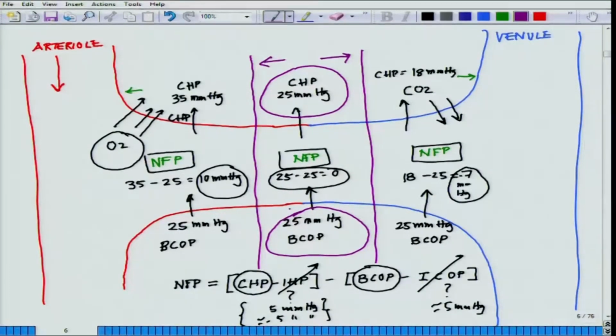Whereas, if you move to this zone in the close proximity of the venules, the capillary hydrostatic pressure is smaller, approximately 18, whereas colloidal osmotic pressure is 25, and that gives you a total of minus 7 millimeter of mercury.